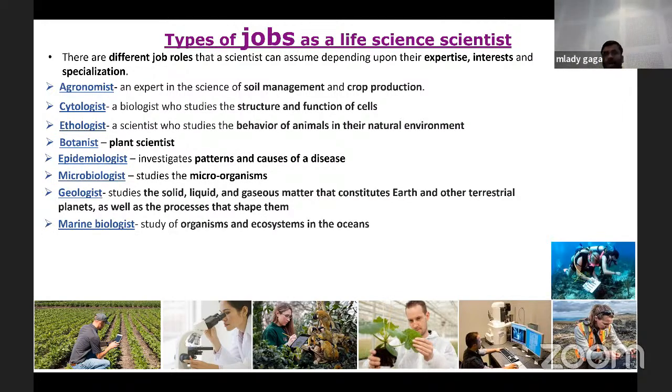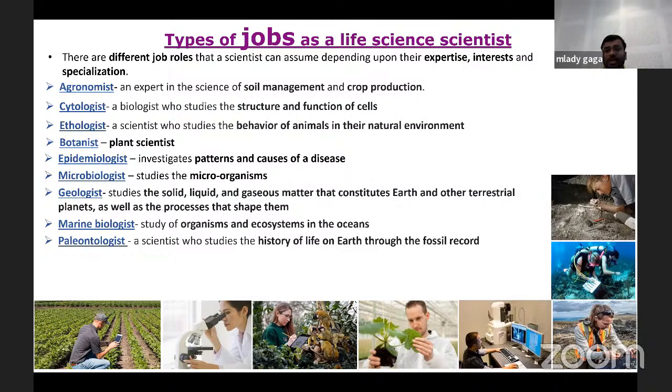In marine biology, you can work on the marine environment, the sea, which has a lot of organisms, very diverse in terms of ecosystems and ecological forms. So this is also a very good perspective. Paleontology is the area where scientists work on fossil materials of organisms that went extinct long ago.